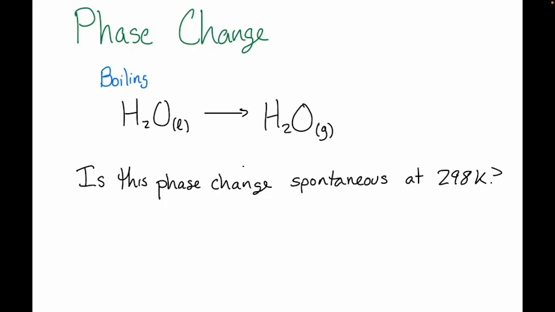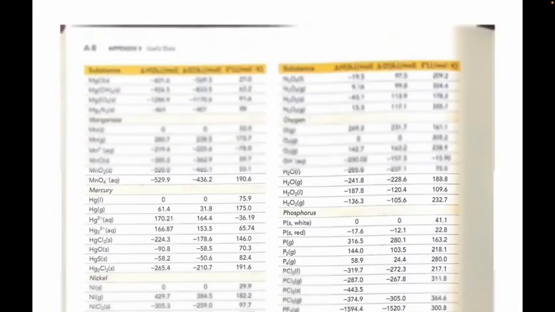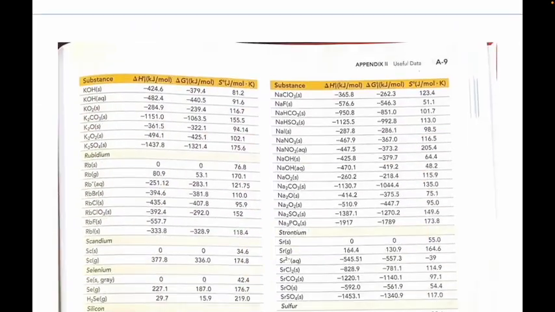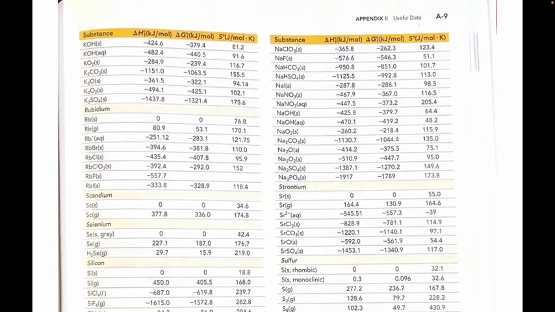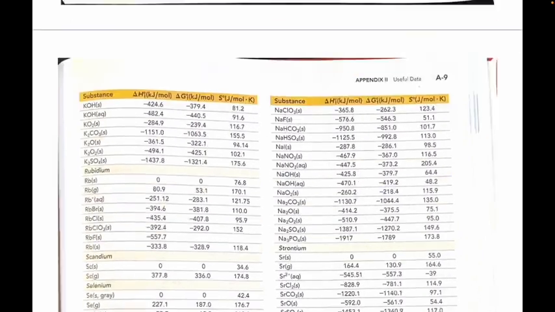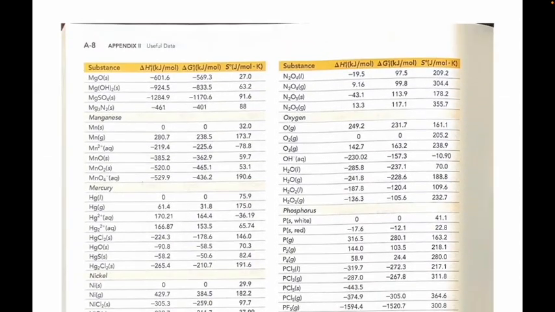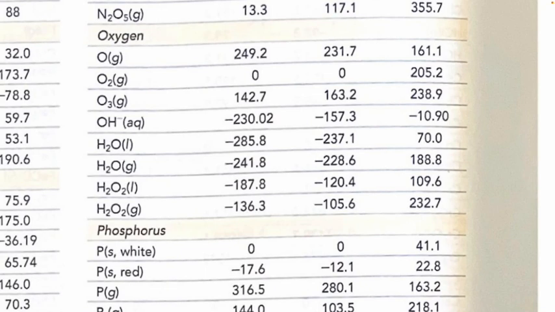So let's go to our constants page, and we're going to look up these values for water in the liquid phase and water in the gaseous phase. I believe these are actually listed under oxygen. Yeah, here we go.